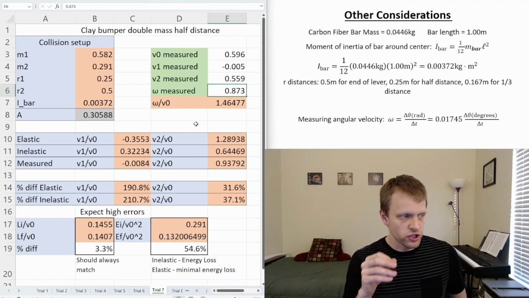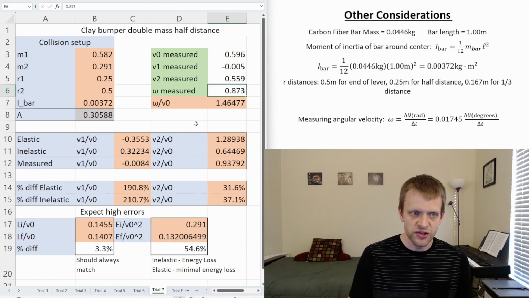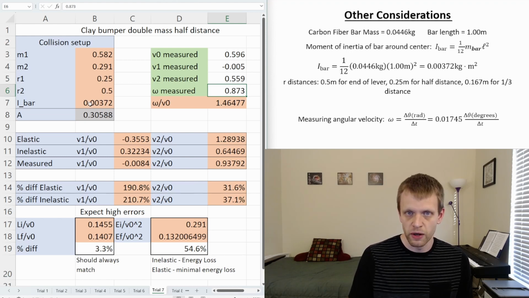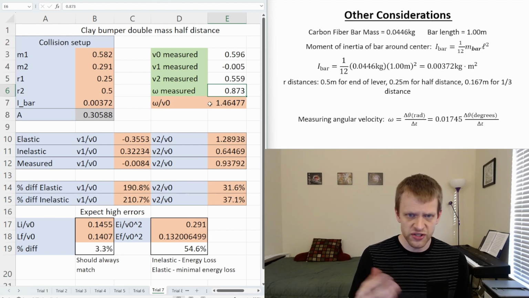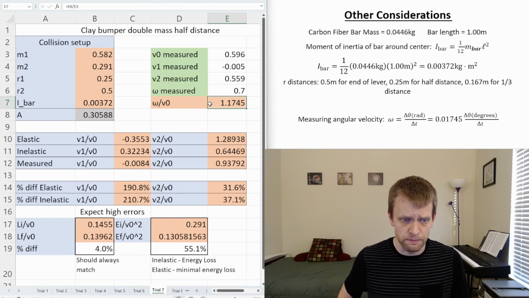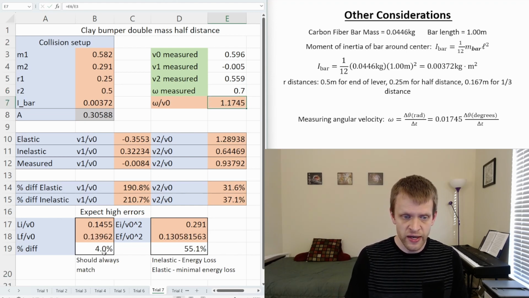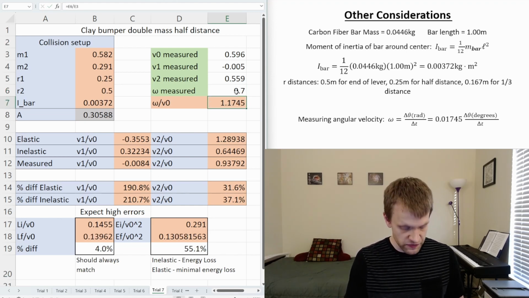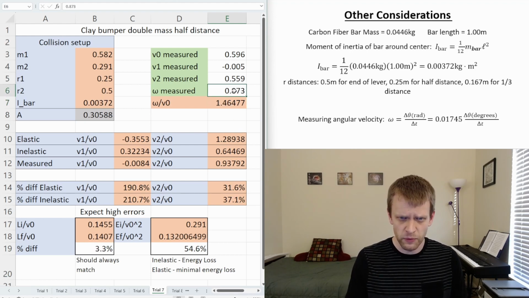One other thing I wanted to mention about these angular velocity measurements is that because the moment of inertia of the bar is very, very low, these angular velocity measurements aren't going to throw off our angular momentum or our total energy very much. So we said this value should be 0.873. If I went down to, say, 0.7, a significant change, it doesn't change our percentages very much from what we had before.